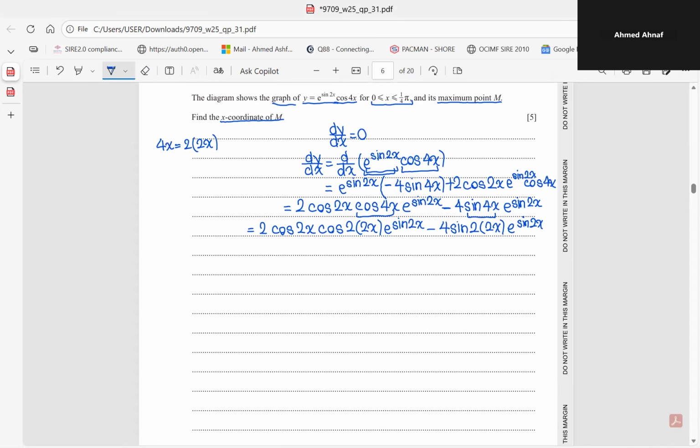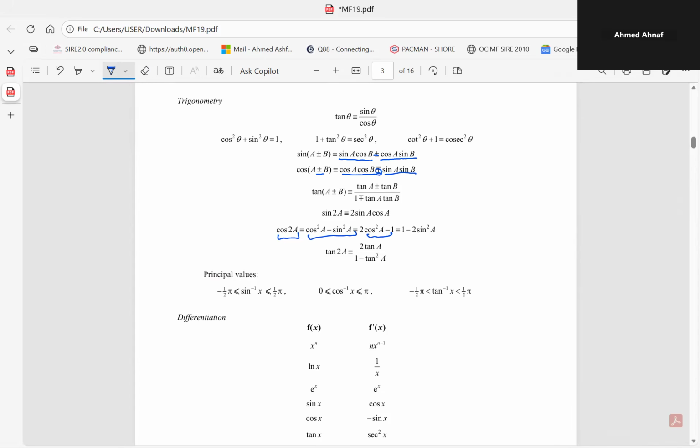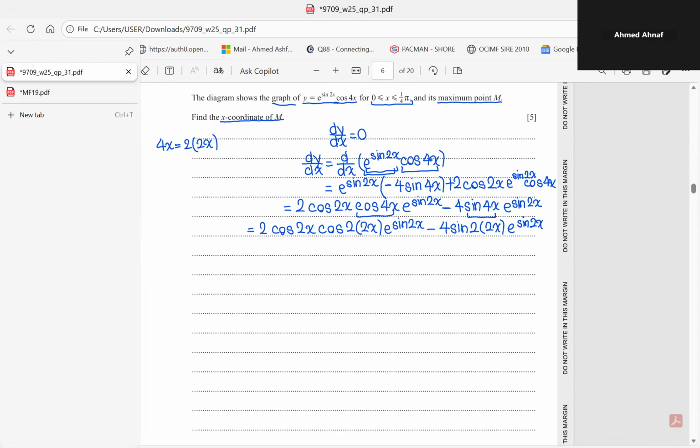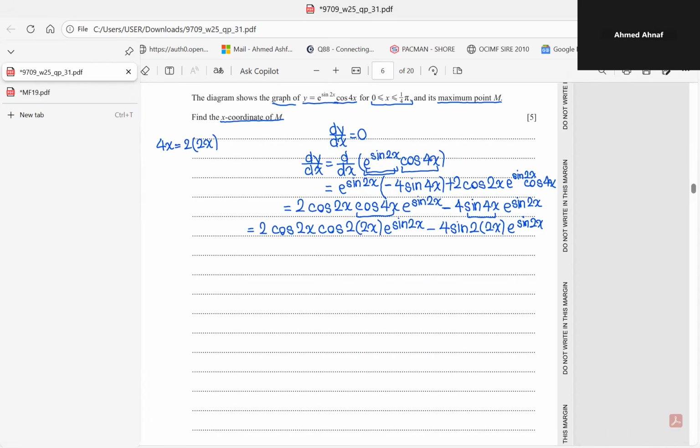So for cosine, the double angle formula is cosine 2a. We have these three formulas. So let's see which one would be the most suitable. Let's just choose cos square a minus sine square a.